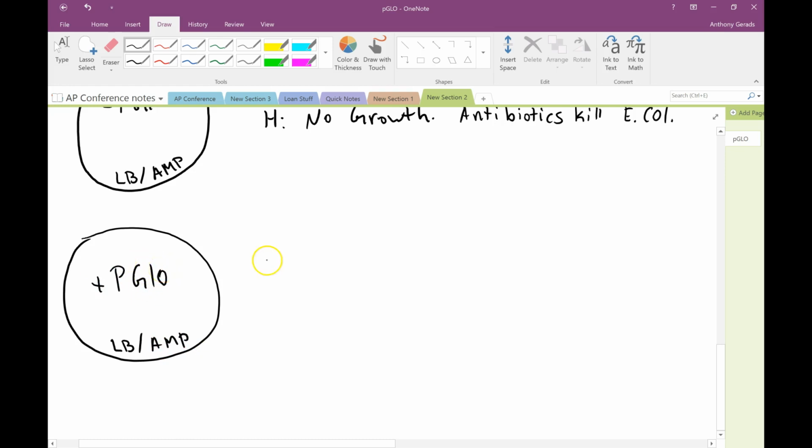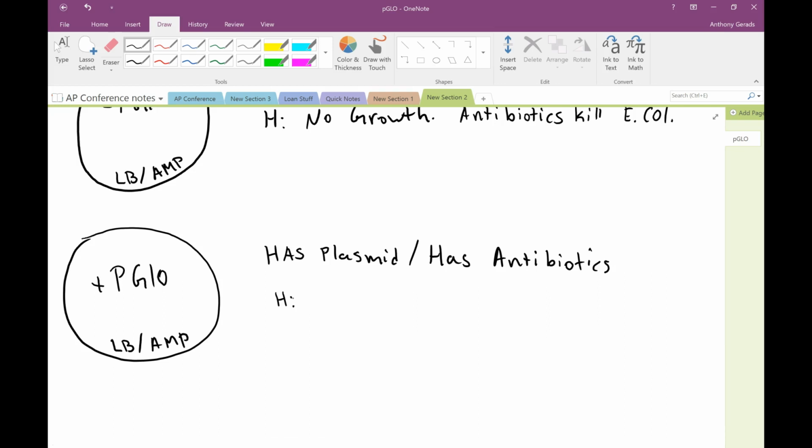If I look at this, it has the plasmid and it has antibiotics. So what do you think is going to happen?